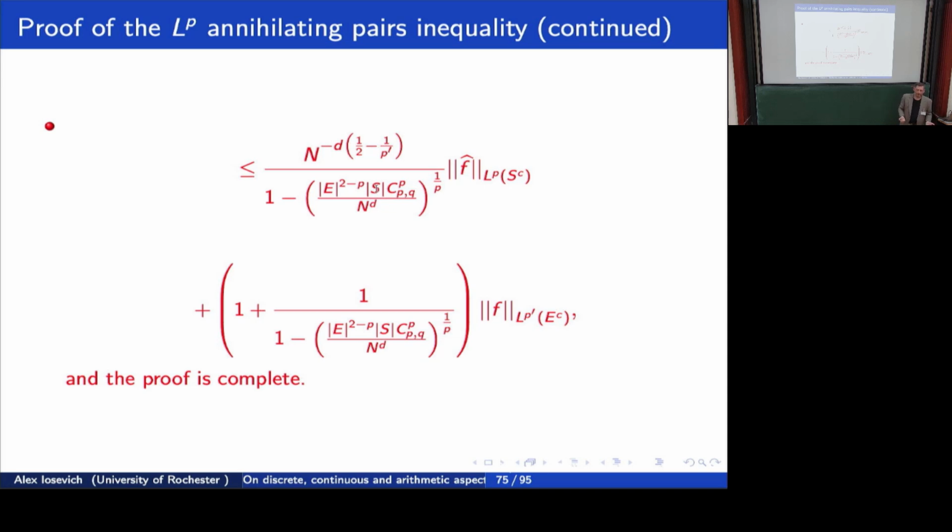You have to use Hausdorff-Young twice, and you need some kind of a non-trivial restriction estimate to get LP other than P equals 1. In general, you do get an L1, L infinity version, which is not implied. I checked this very carefully. It's not implied by the Hilbert space version.